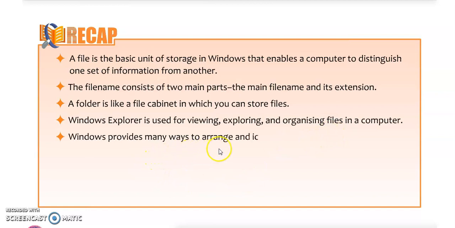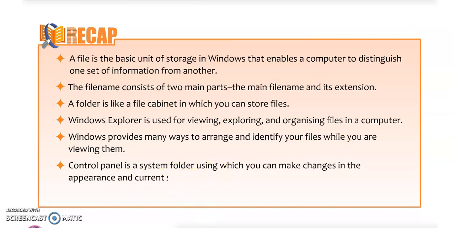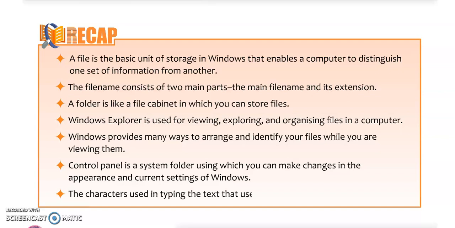Windows provides many ways to arrange and identify your files while you are viewing them. The control panel is a system folder using which you can make changes in the appearance and current settings of Windows. The characters used in typing text, with their designs, are called fonts.